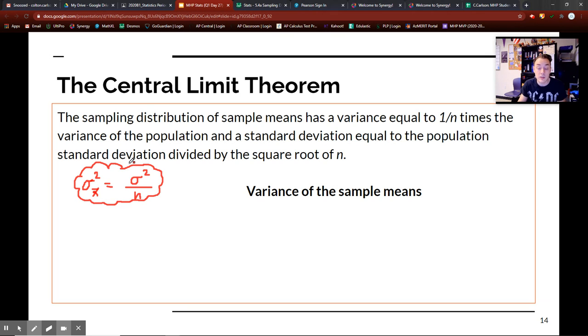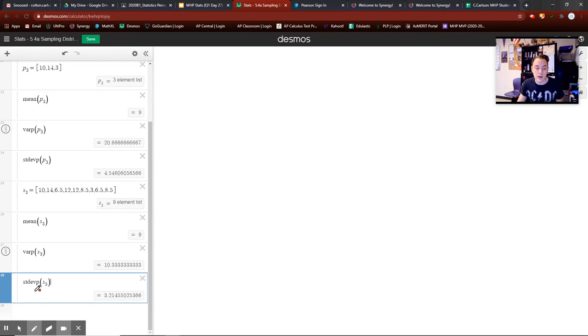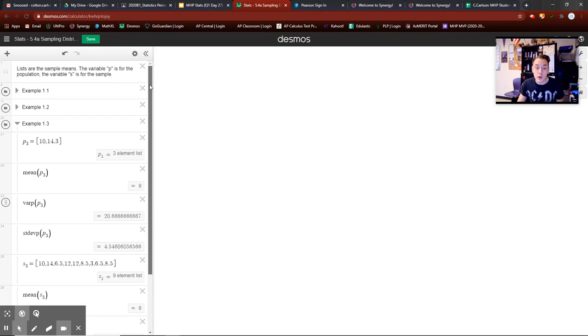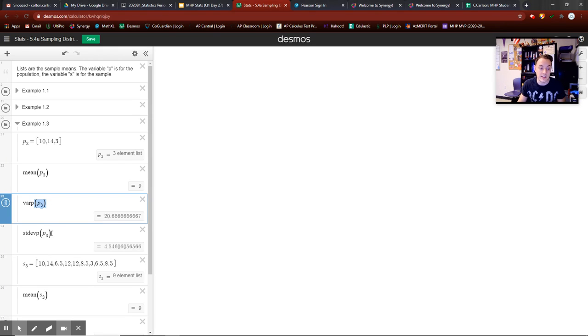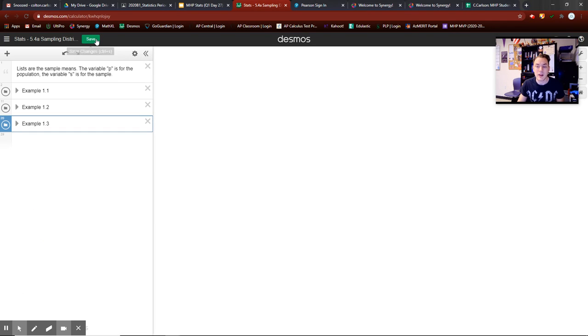Now, Desmos does this for us. Even when we were using Desmos and doing all this, Desmos was already calculating that for us in those calculations of variance and standard deviation. Now we're going to learn how to do it by hand. The reason I wanted to use Desmos before is because it's tedious to do completely by hand when given a list.